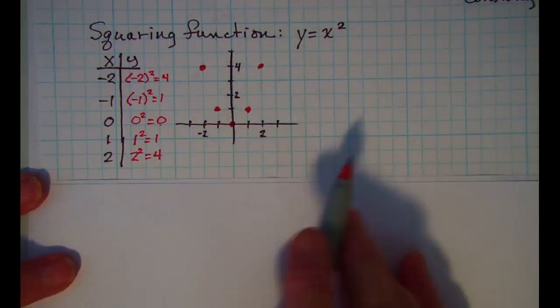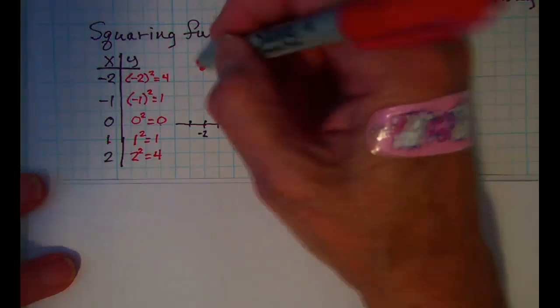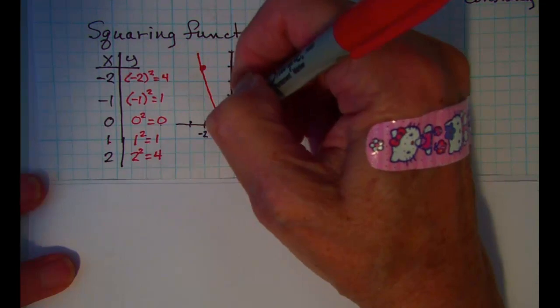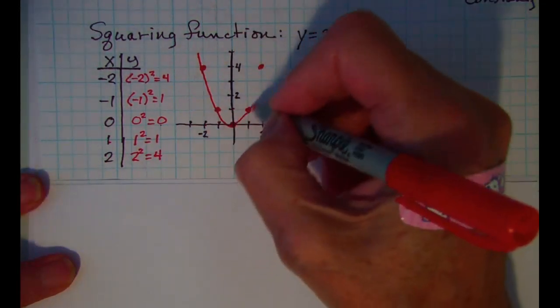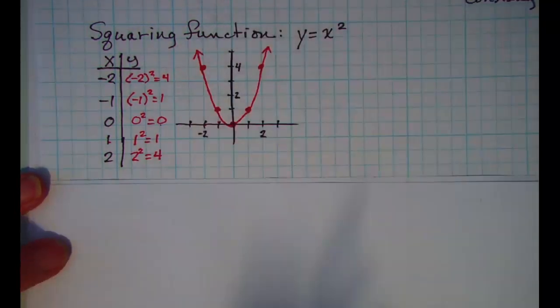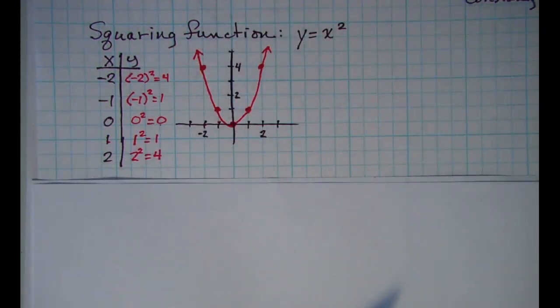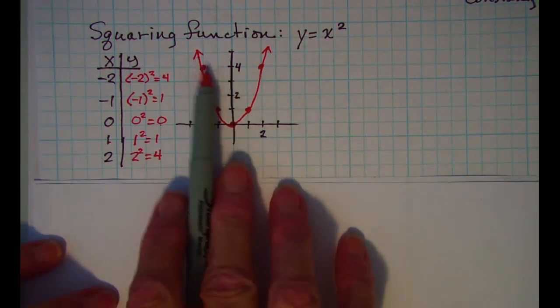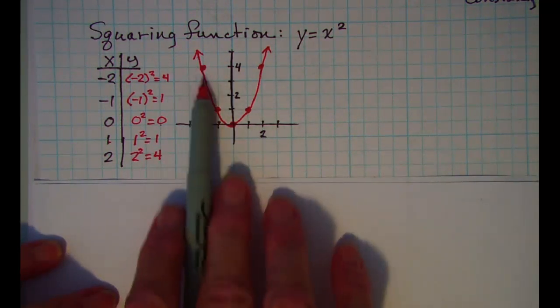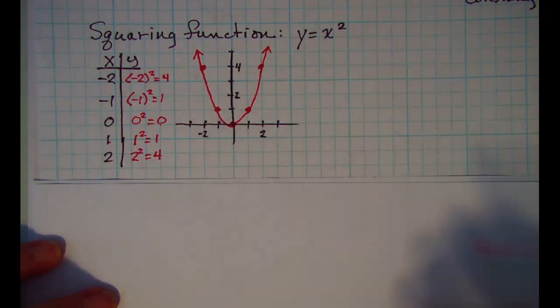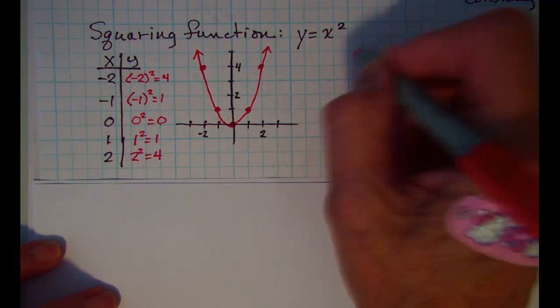So the basic graph of the squaring function is a parabola. And it looks something like this. The domain is all real numbers. Again, this goes on forever to the left and to the right. There's no restrictions on our domain.